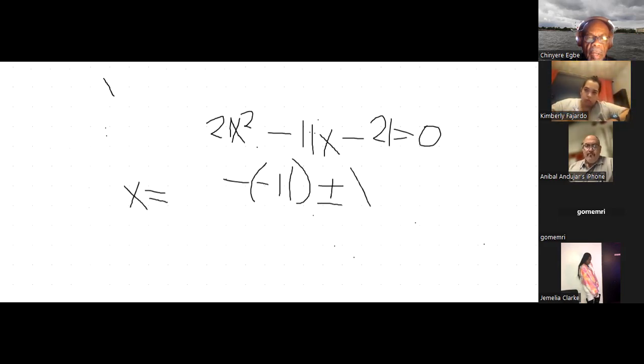the square root of b squared, which is minus 11 squared.